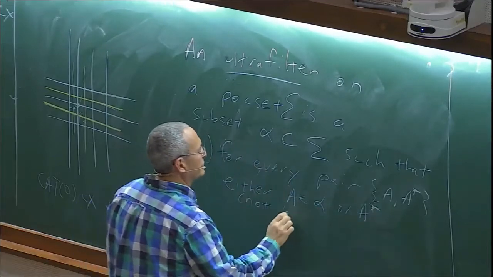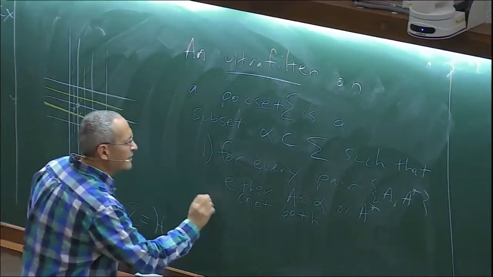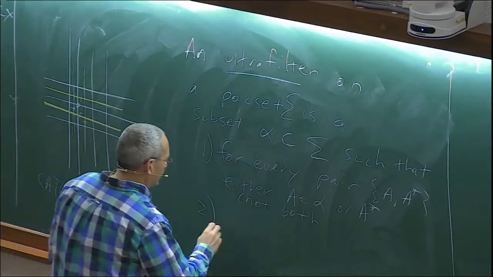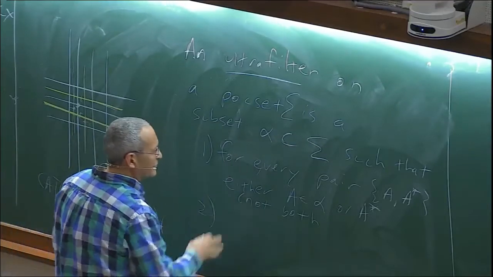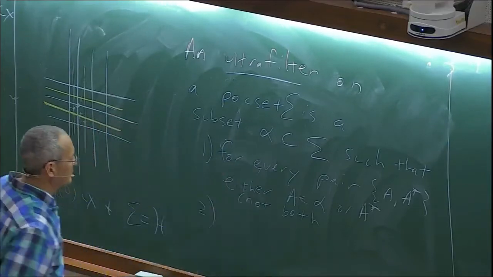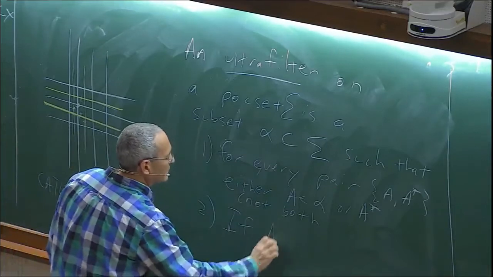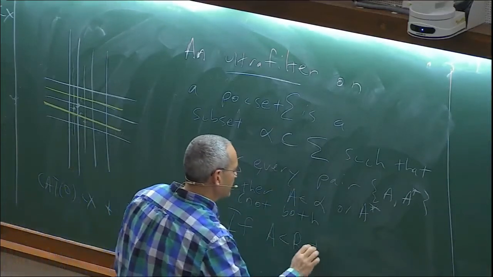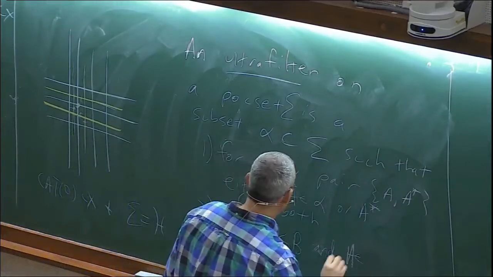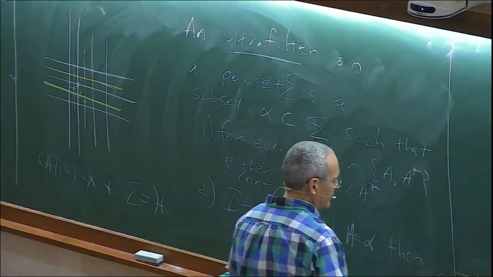So you choose for each one. And then you want this other property that you're familiar with if you've ever thought about ultrafilters from your previous life: if A is less than B and A is in alpha, then B is in alpha.